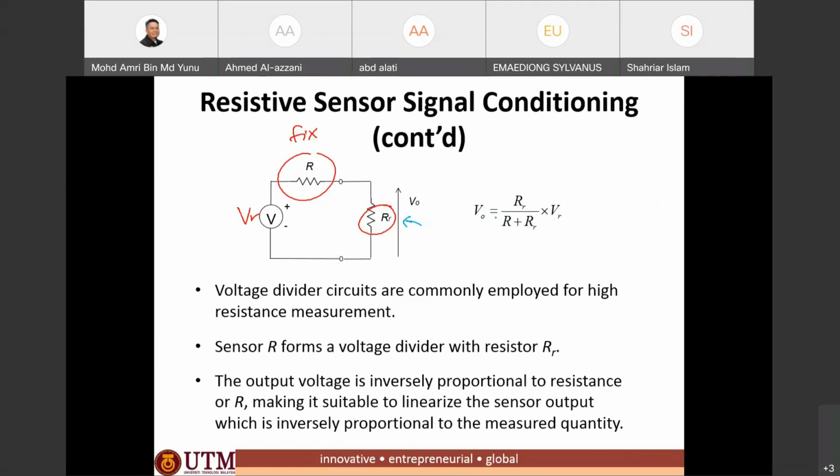The output voltage across it will be given by this equation, so basically the output will be proportional to the change of resistance, either increase or decrease. R is the fixed value that we set, and of course it must be applied with the voltage supply.